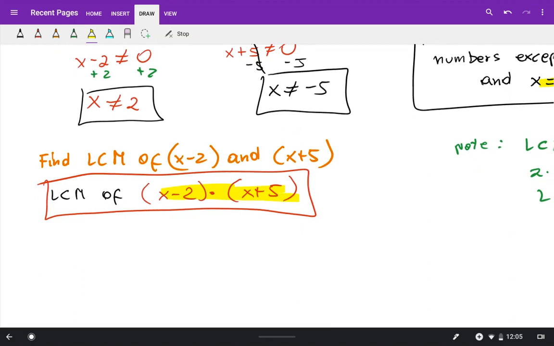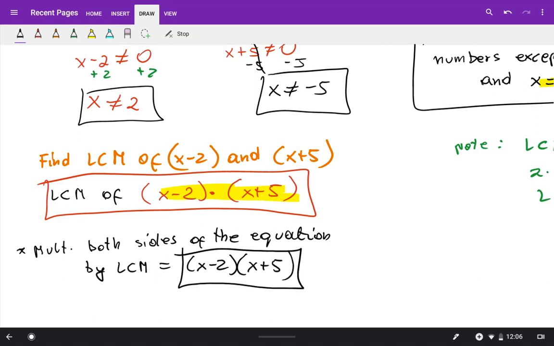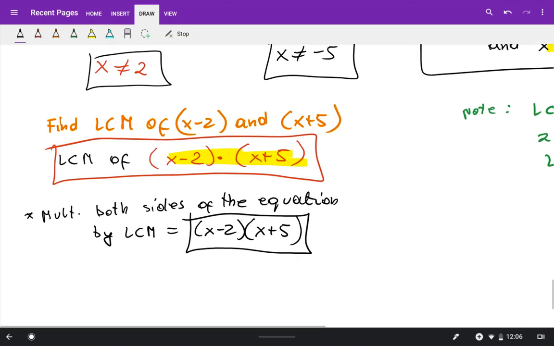So next, I'm going to multiply both sides of the equation by, excuse me, the LCM, which is x minus 2 times x plus 5. Note, don't distribute that. Keep it as a product because you want to cancel stuff.